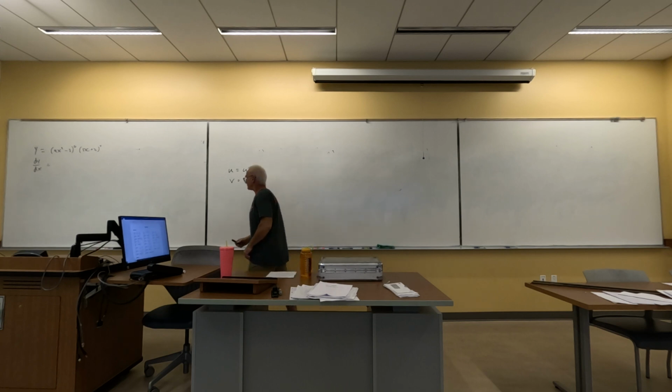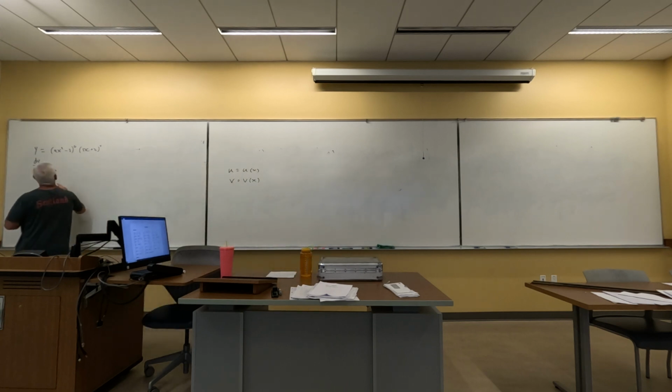So, if it helps you, there's your u, there's your v. Or like lastly, there's your f of x, there's your g of x. So according to the product rule, I'm going to do it the long way. According to the product rule, it should be first times the derivative of the second.